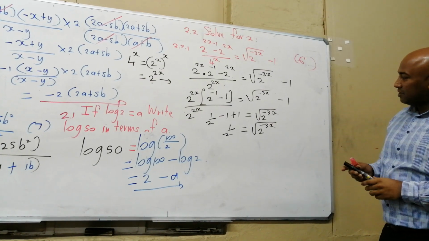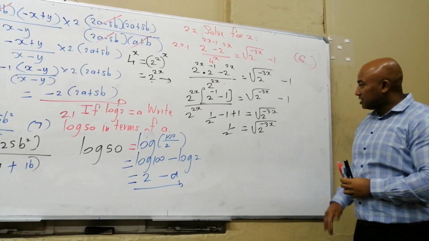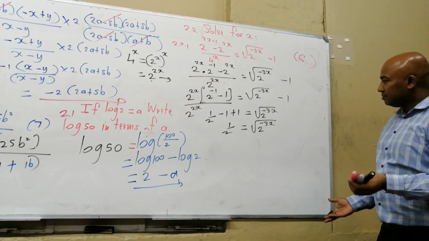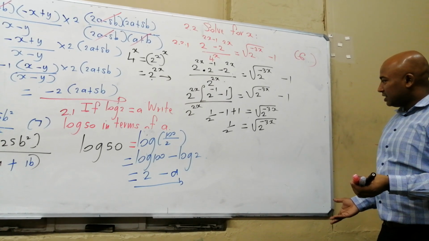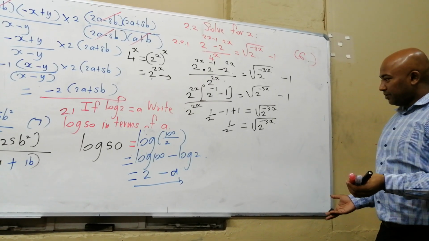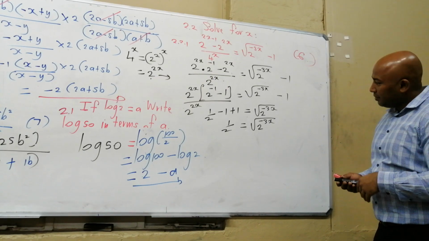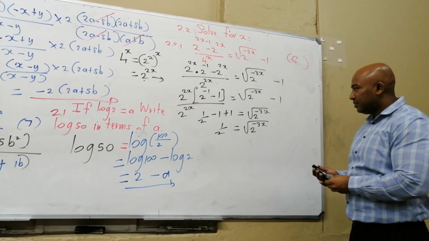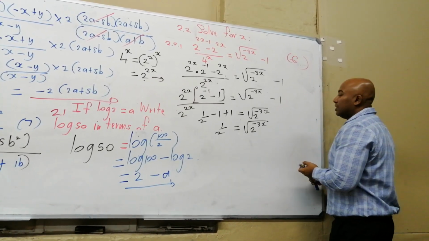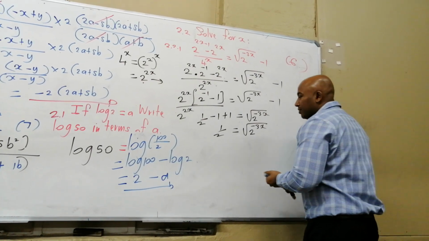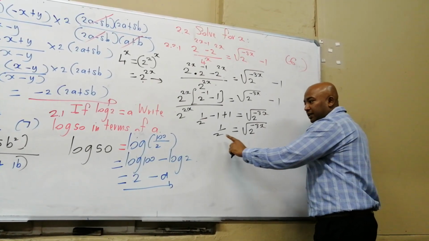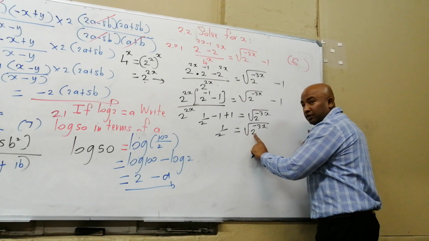What do you think I should do now? So get rid of the square root. Square both sides, or I can do this here. We can square both sides if you want to, or now I can use the exponent law. I notice now that this is a 2. This is also a 2 here.